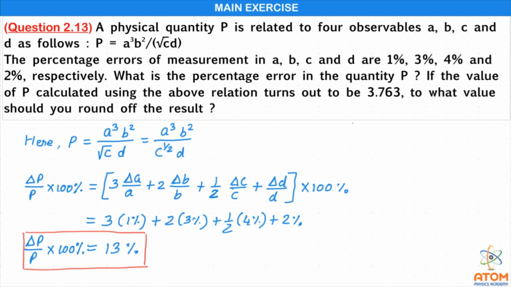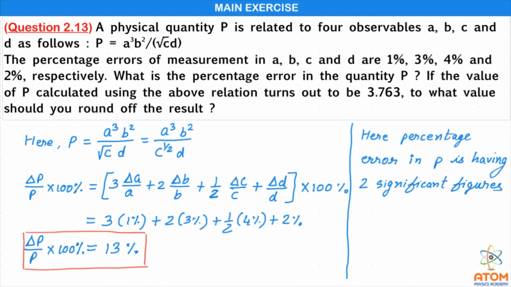Here we can see that in the percentage error, the number of significant figures is 2, so there are 2 significant figures in the percentage error of P. So I have written here that the percentage error in P has 2 significant figures.